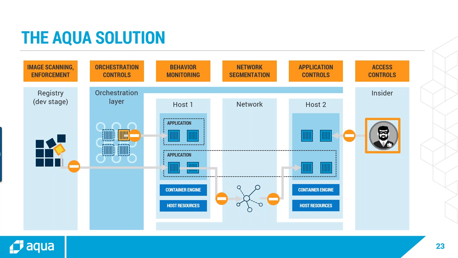And then during runtime, especially in production environments, there are several layers of security that we apply to ensure that containers are not doing anything that they're not supposed to do, that the host integrity is maintained, and that users are prevented from accessing things that they're not supposed to access, based on the least privilege principle, which is one of the key principles in security.